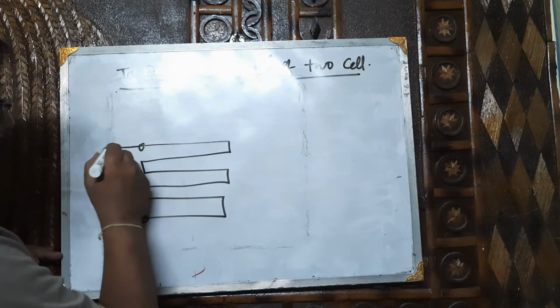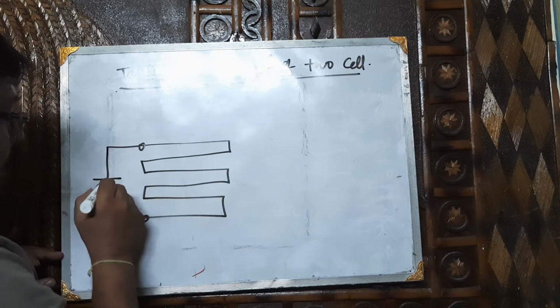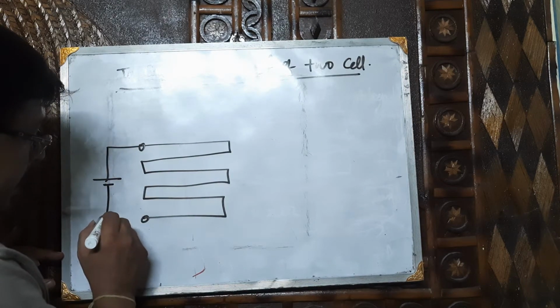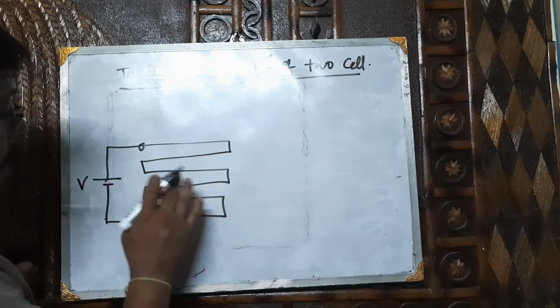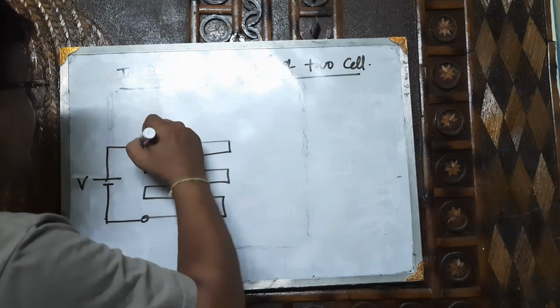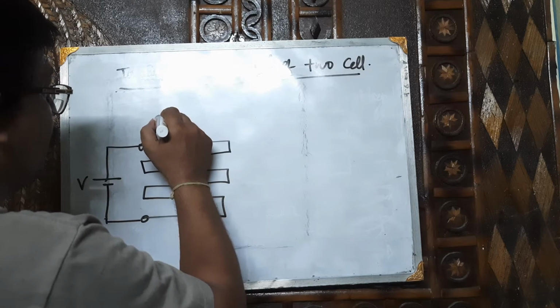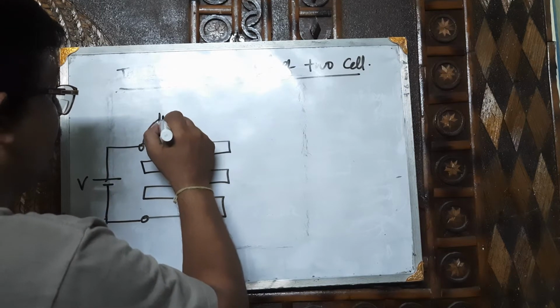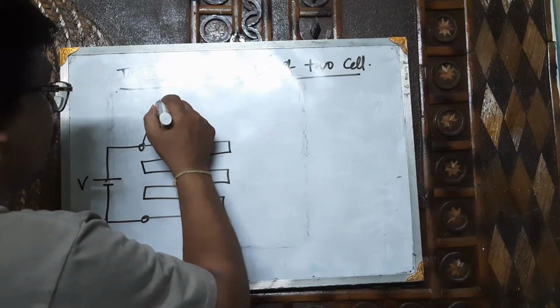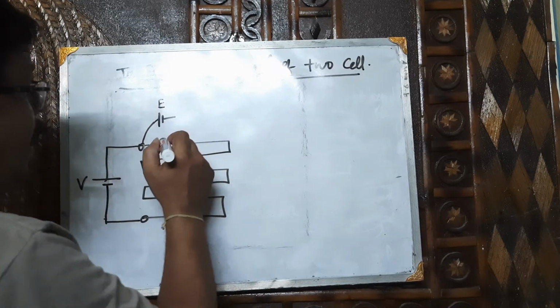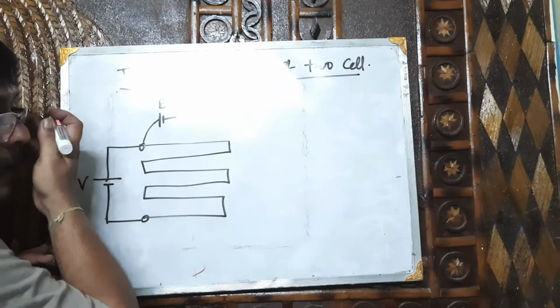Now in this case, the battery voltage V is connected here, and this is the battery. Suppose this battery's EMF we have to measure. This EMF is to be measured, and let me make the theory first.